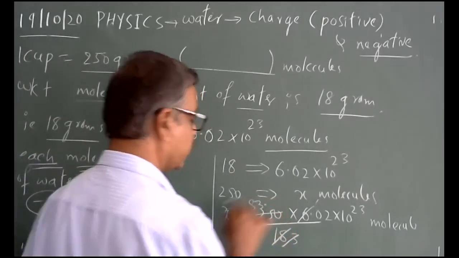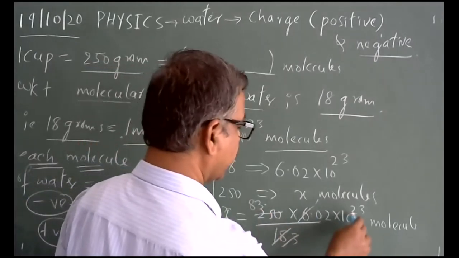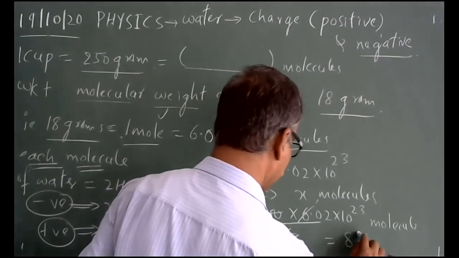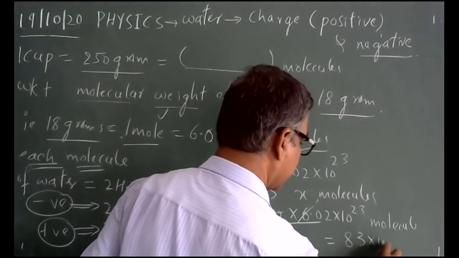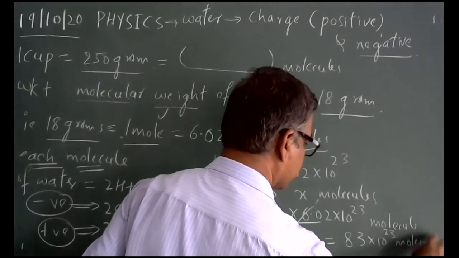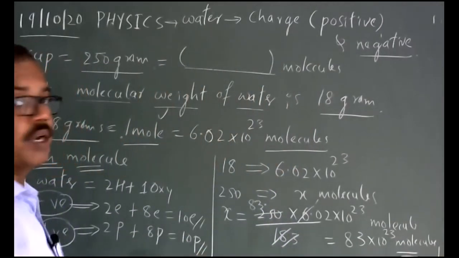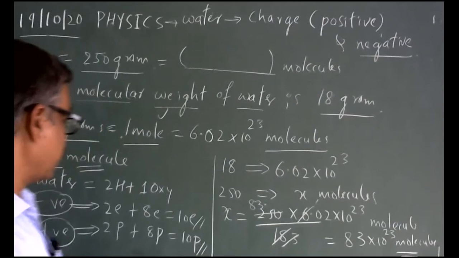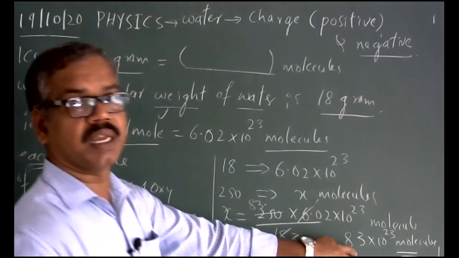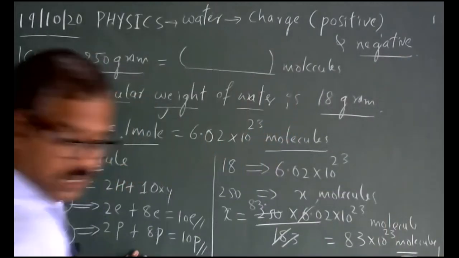You can put a decimal place, 83 point something, then into 10^23, which is equivalent to 83 × 10^23 molecules. This is the analysis for X. Now each molecule, as I said, has these many electrons, I need to multiply with this value 10. So I'll be getting the next value. Let me do it here. I will show you.